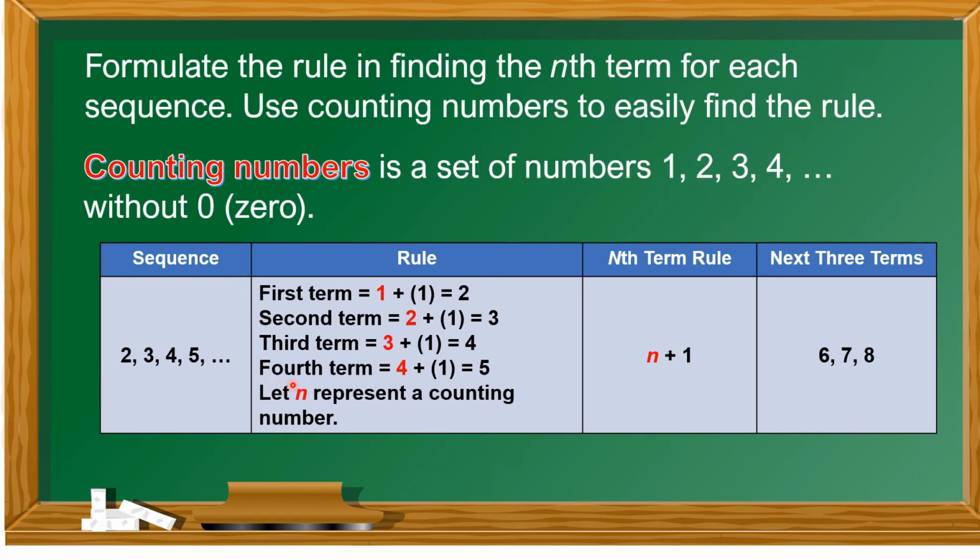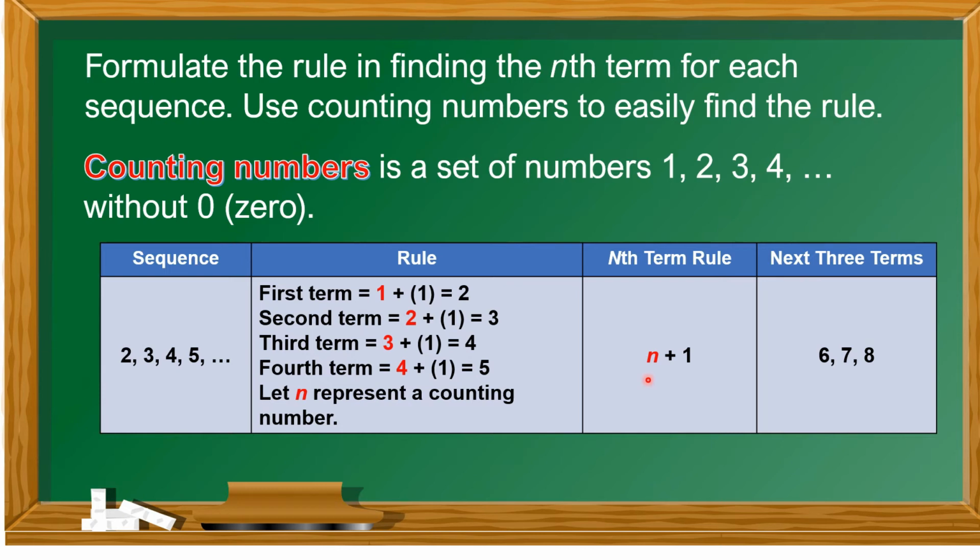And the fourth term, we are going to use counting number 4 plus 1 equals 5. Now, let n represent a counting number. Therefore, the nth term rule for this sequence is n plus 1.